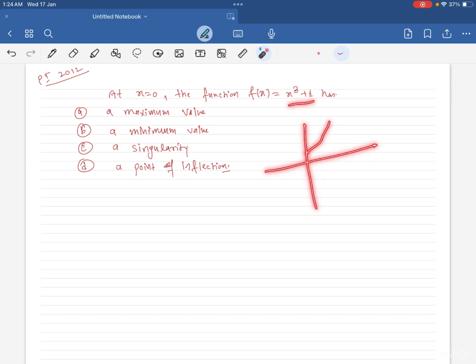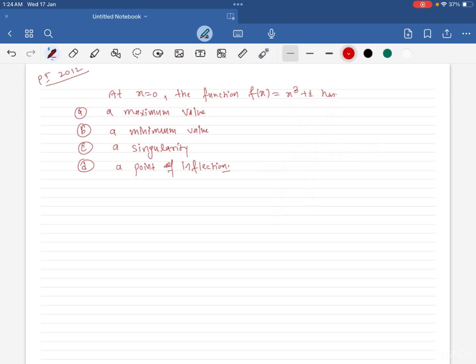So we will have a curve that is concave up for this part and concave down for this part, right? So at x is equal to 0, this is the line of x is equal to 0, where concavity is getting changed, right? So we will have the inflection point at x is equal to 0.